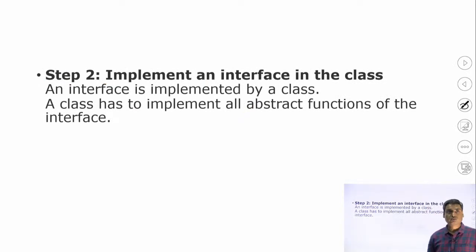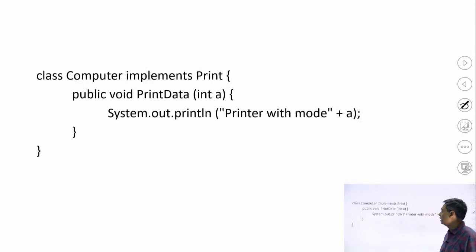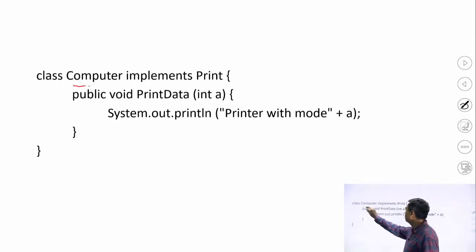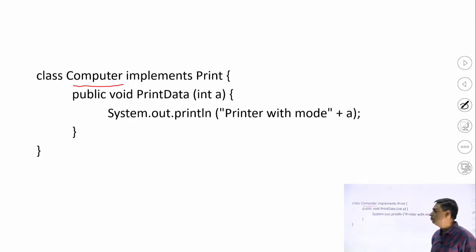Now step 2: when we define the interface, we need to implement the interface. So an interface is implemented by a class. We have a separate class in which we will implement the interface. Let's see an example. The name of the class is computer, and we are implementing the interface with the implements keyword.